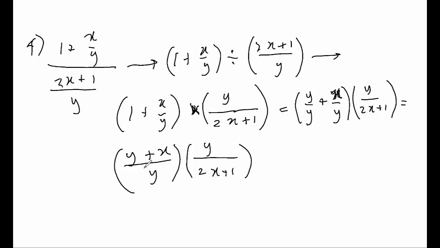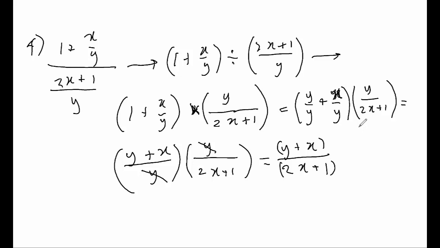And it turns out that these two y's cancel out, and then I'm left with y plus x on the top, and on the bottom I have 2x plus 1. And I stop there. I don't want to cancel anything more out. I don't want to touch it because I don't want to start killing kittens. And that looks really good.